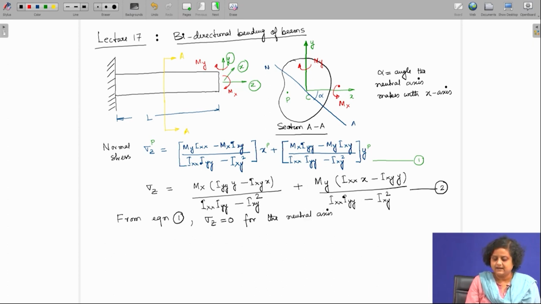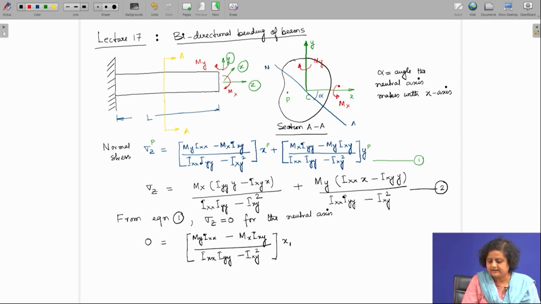We can say that 0 is going to be My Ixx minus Mx Ixy, divided by Ixx Iyy minus Ixy square, into x of neutral axis.